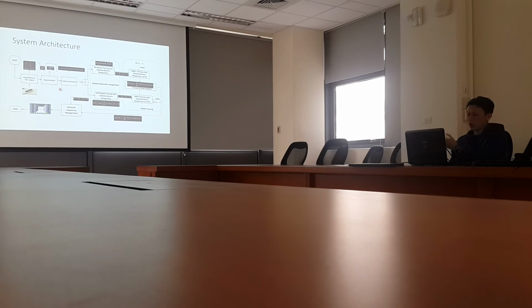So the whole system architecture is like this. First they acquire the raw signal from the Leap Motion, they do some segmentation and feature extraction, then they start training. They want to compare two different methods of isolated gesture recognition, which are LDA and SVM.